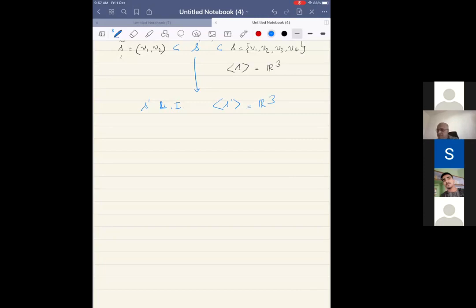Okay, now can I resume the lecture? Now we come to the all-important definition, the most important conceptual definition in linear algebra. Let V be a vector space.